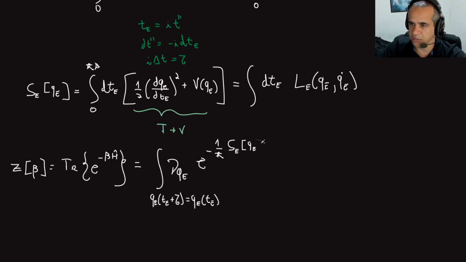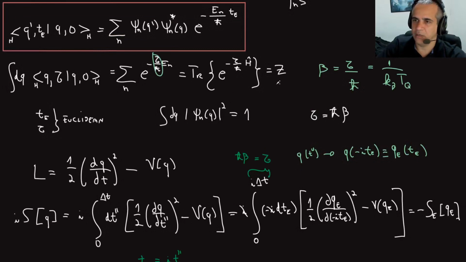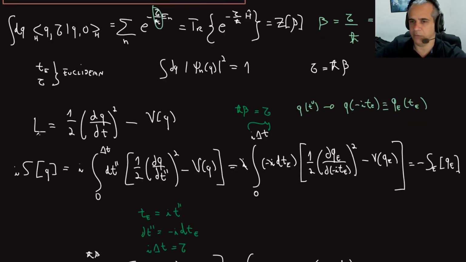Just to be clear, I have shown that this can be obtained through a path integral right here. The moment I'm saying this is the partition function of a statistical mechanics system, I write it like this. I can get here. That's what I'm showing thus far, right? And this I know how to put in terms of a path integral. I'm just now rotating it to Euclidean time and closing the path, integrating over all paths.